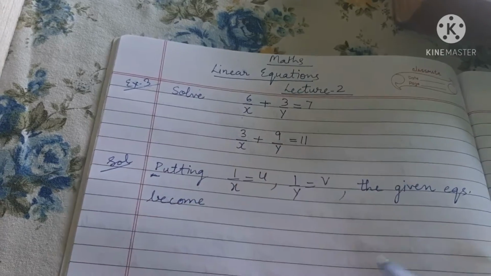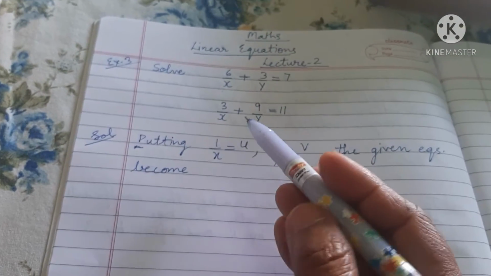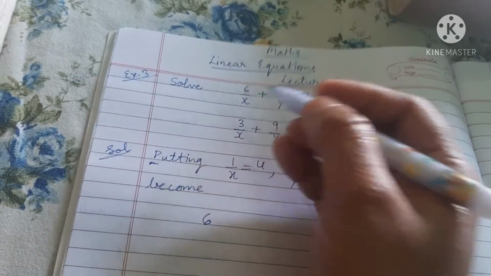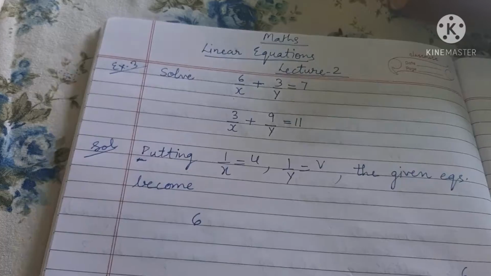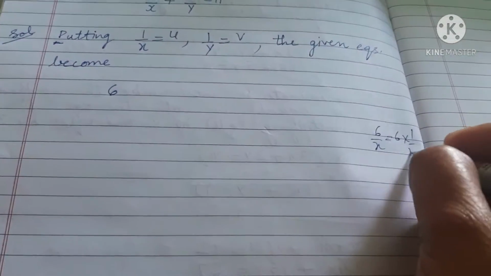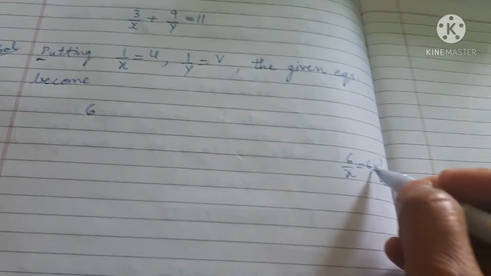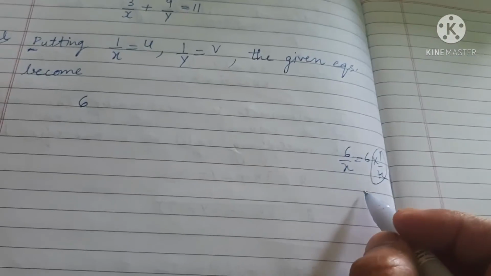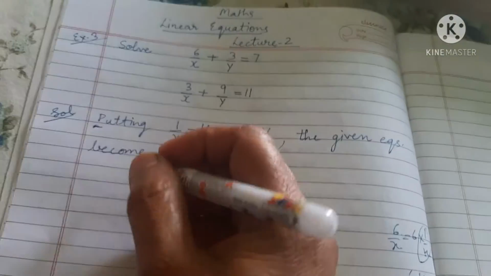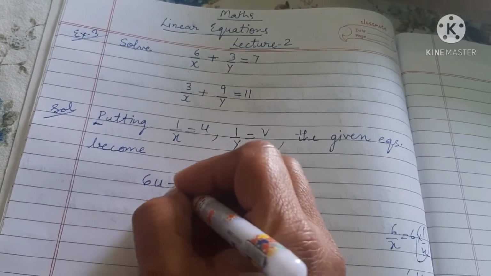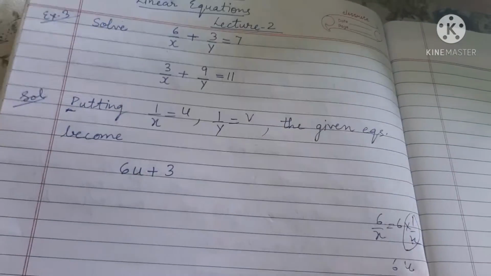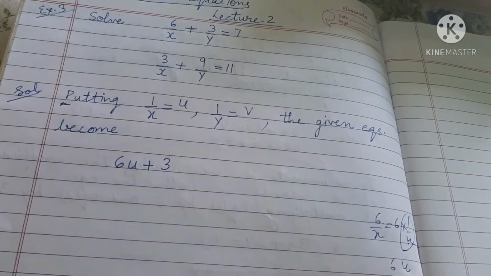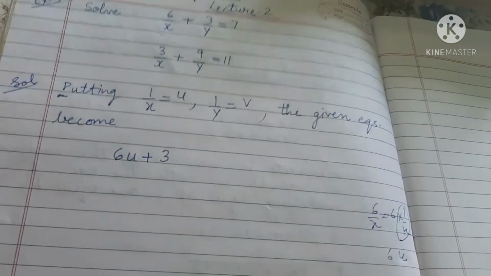So what will they become now? 6 by x is 6 into 1 upon x. So 1 by x is u, so it becomes 6u, isn't it? Plus 3 by y, which is 3 into 1 by y.